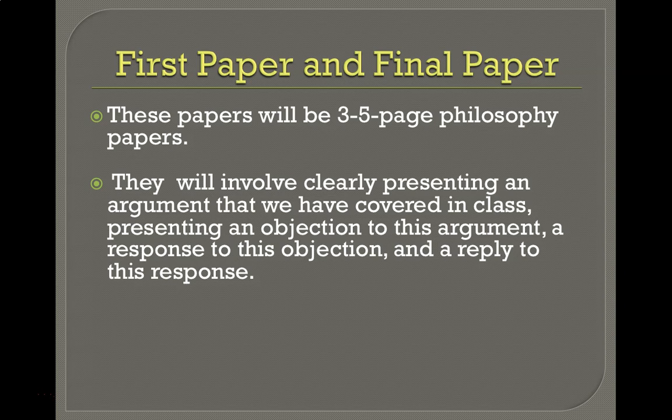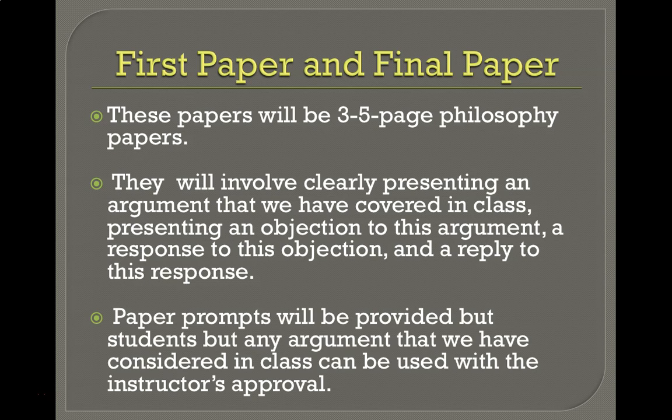This may seem overwhelming right now, but don't worry. I will have plenty of explanation about exactly how to do this, and paper prompts will be provided, but you're also allowed to consider any argument that we've looked at in class. If the paper prompt doesn't include that, just get my approval first if it's not one of the paper prompts.